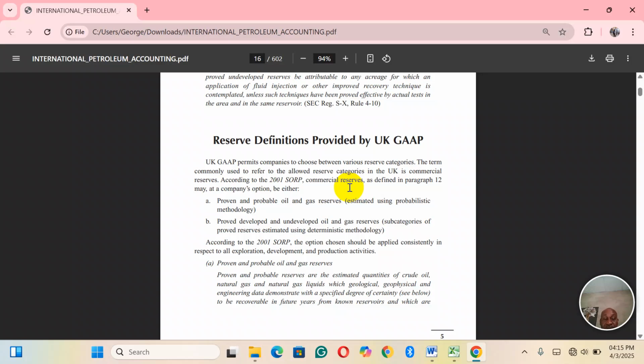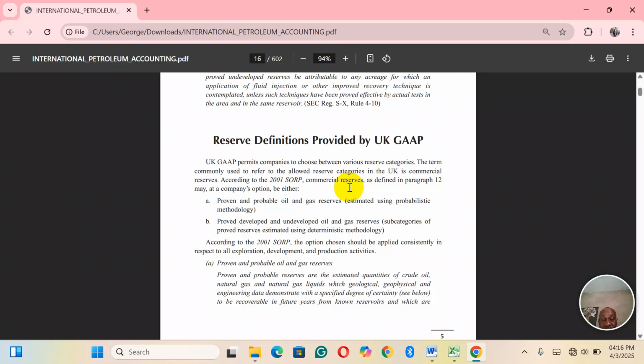According to the 2001 SORP, commercial reserves, as defined in paragraph 12, may at a company's option be either (a) proved and probable oil and gas reserves estimated under probabilistic methods, or (b) proved developed and undeveloped oil and gas reserves, which are subcategories of proved reserves estimated using deterministic methods.